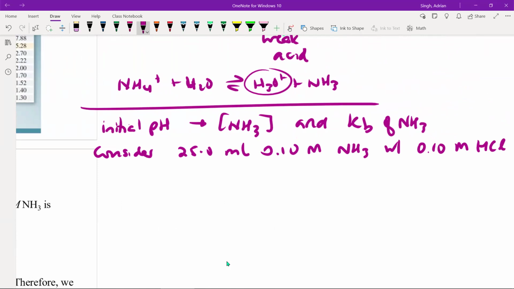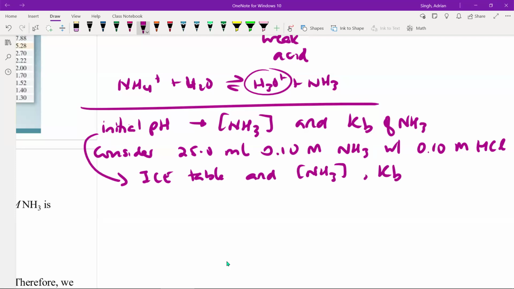The initial pH we're going to calculate using an equilibrium table, an ICE table, with the concentration of the NH3 and the Kb of NH3. All we have is NH3 in aqueous solution, that is going to form NH4 plus, and we're also going to get the hydroxide ion.